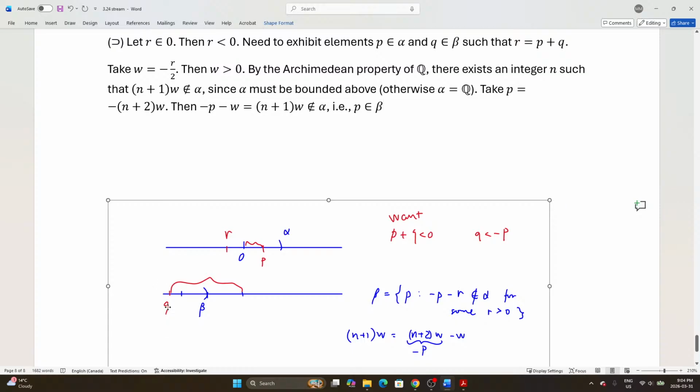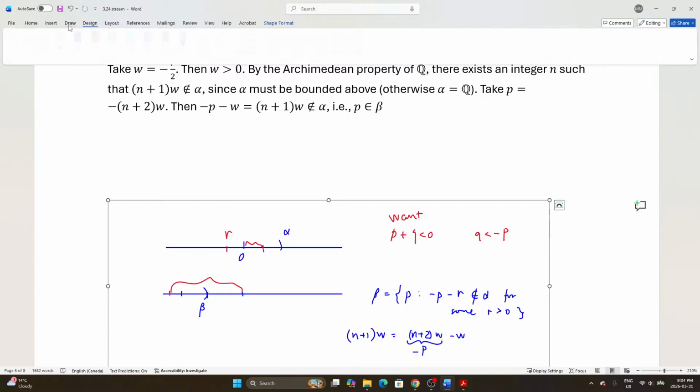So let me change the symbols here. P is constructed. I need to make sure that P and Q add up to R, and that's easy.